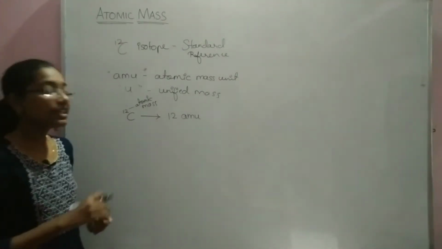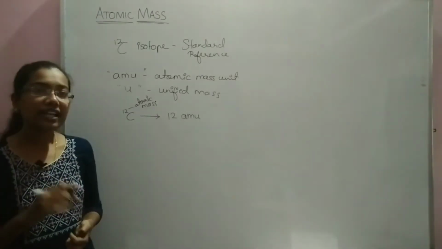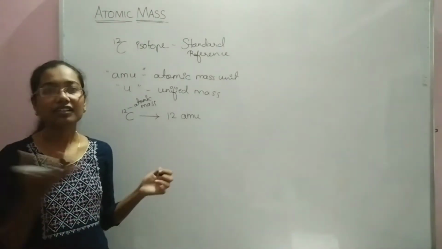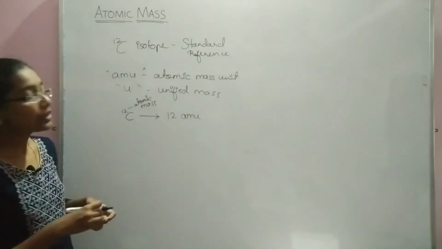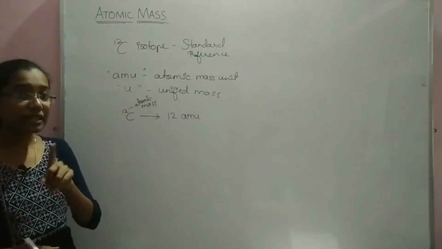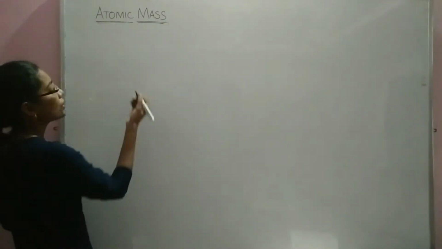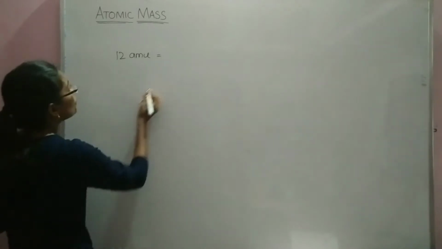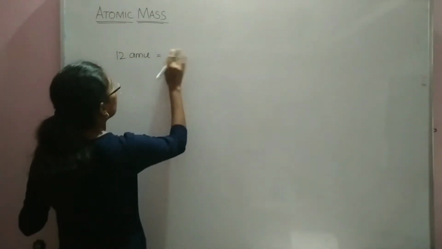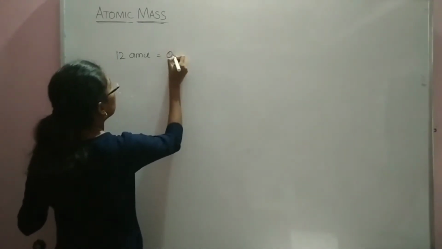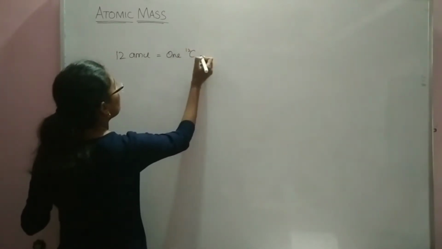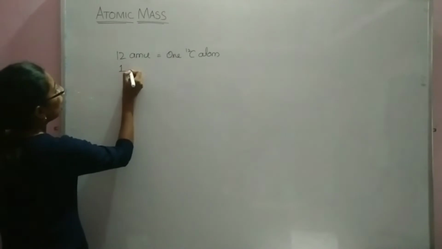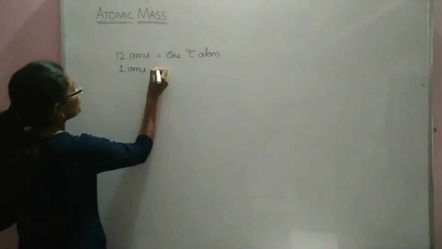Okay, then what is the mass of one atomic mass unit? We can calculate it by simple mathematical steps. We know that 12 atomic mass units is equal to 1 C12 atom. Then what will be the mass of one atomic mass unit?